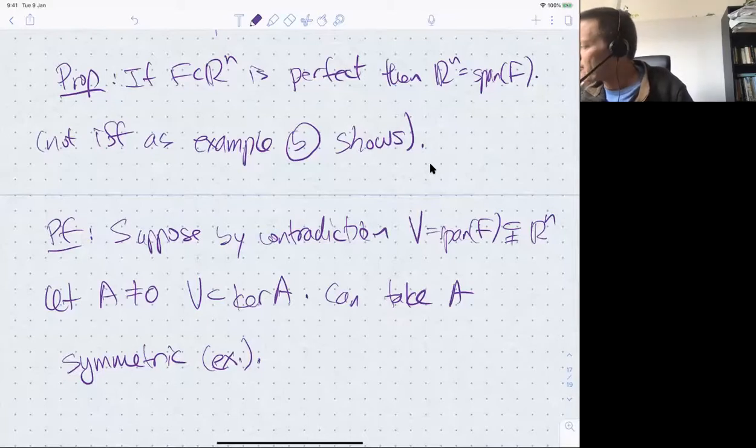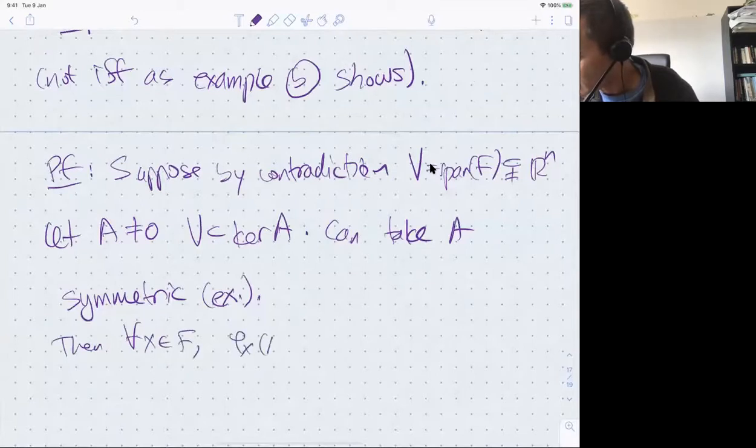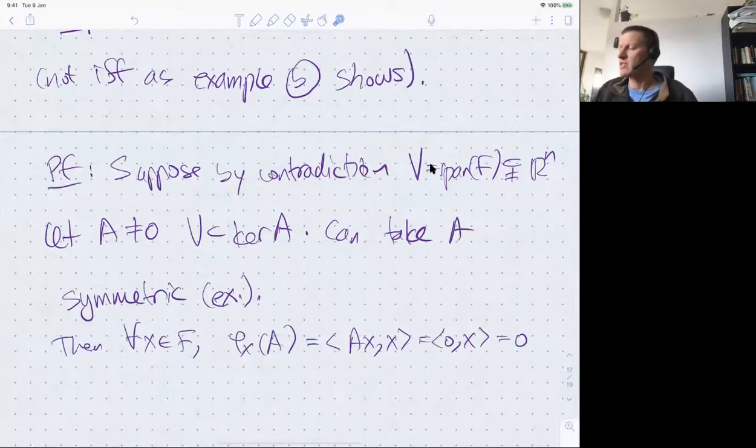And once you have this matrix, for all x in F, phi x of A is A x dot x, which is 0. And this is because x is in F, so A times x is 0.